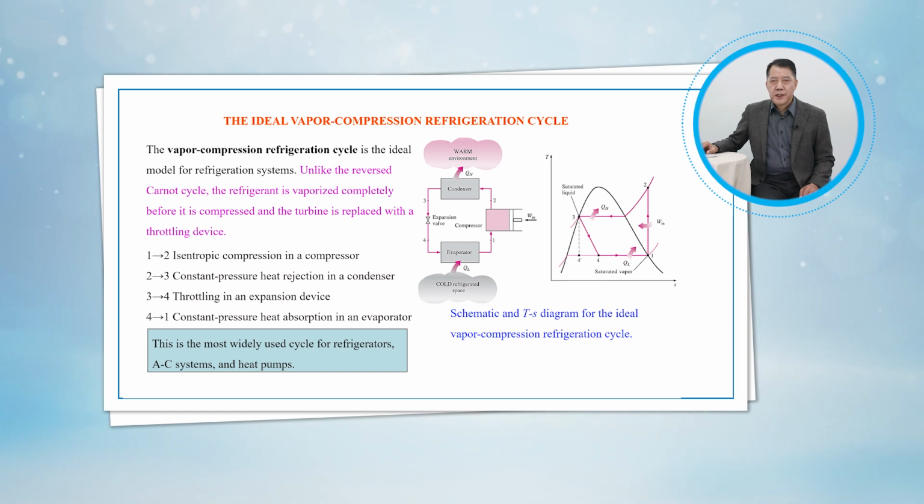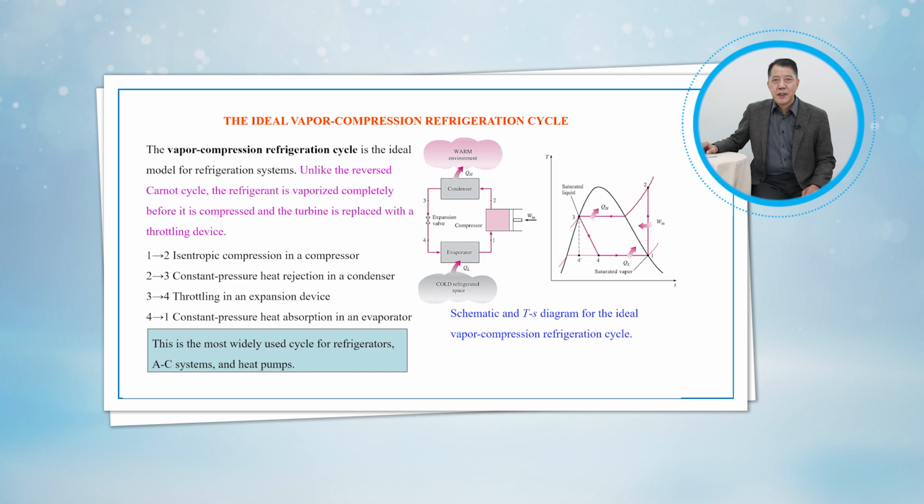The refrigerant then enters the condenser as superheated vapor at state 2 and leaves as saturated liquid at state 3 as a result of heat rejection to the surroundings. The temperature of the refrigerant at this state is still above the temperature of the surroundings.